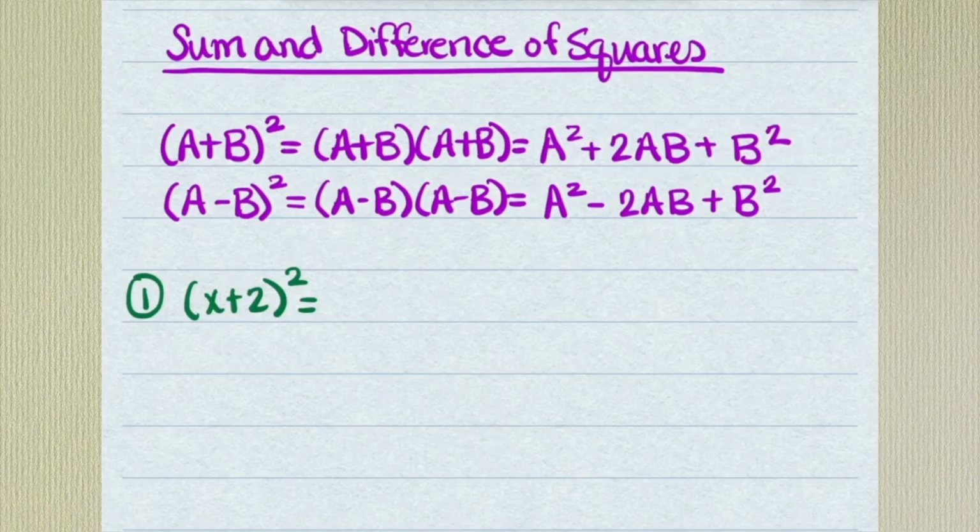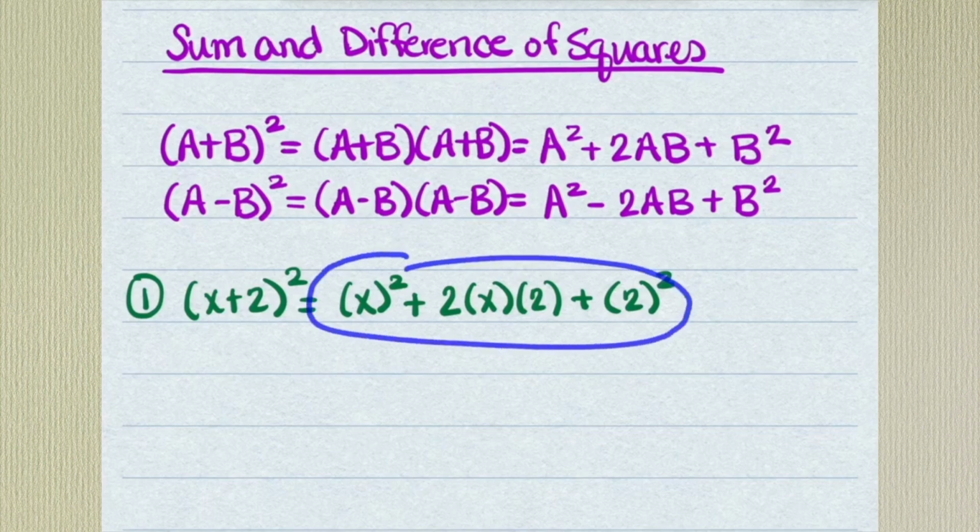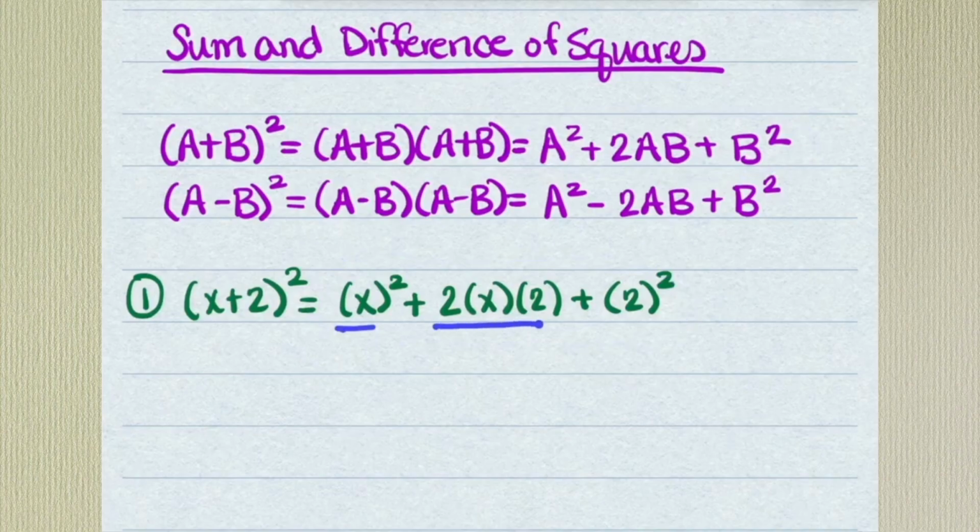So this is going to be x squared plus 2 times x times 2 plus 2 squared. Y'all see that? This matches this property here. So then you end up with x squared plus 4x plus 4.